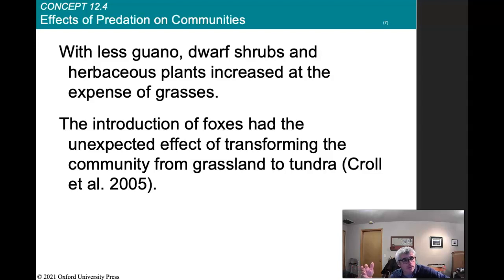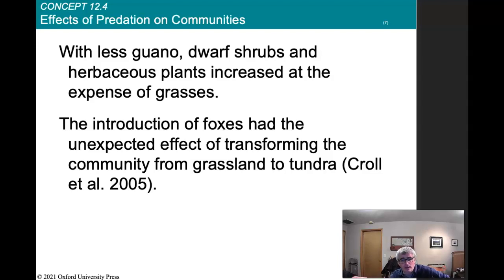Grasses need more nitrogen and phosphorus. They're more nutrient dependent, so those grasslands were maintained. They had a competitive advantage in a high nutrient environment. With a reduced nutrient environment, these dwarf shrubs and herbaceous plants increased.